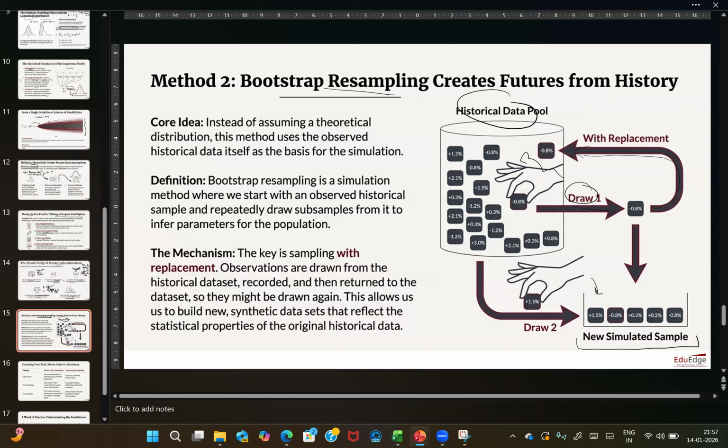Bootstrap resampling is only going to go back to your historical pool and randomly pick some events or some returns, and that will help you create a new sample. So this is heavily based on prior history, method 2, but method 1 was based on futuristic values. So this is the approach called bootstrap resampling.